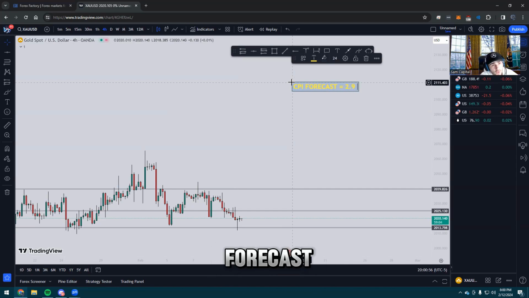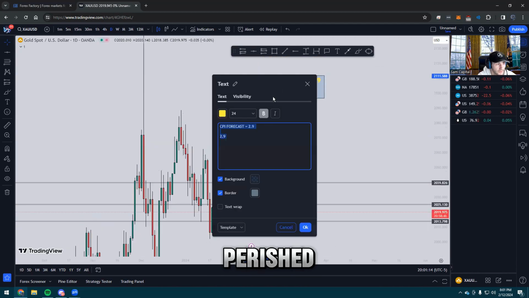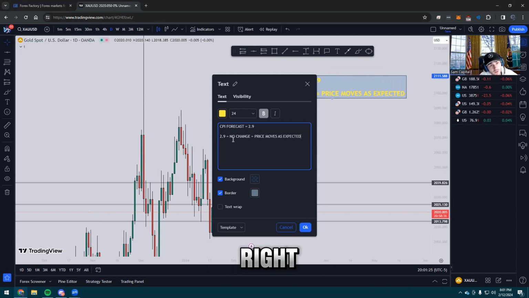If it comes out at 2.9%, right at the expected number, then you're going to see price action usually just continue doing whatever it tends to be doing. And if we go off of our daily bias, we would be bearish, just to say for gold. So for example, 2.9, no change, price moves as expected.